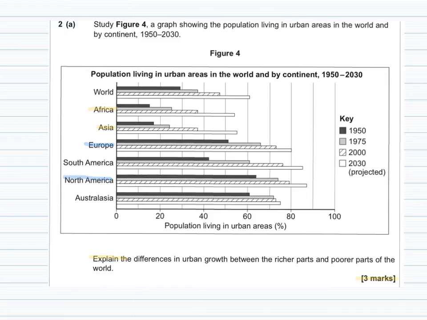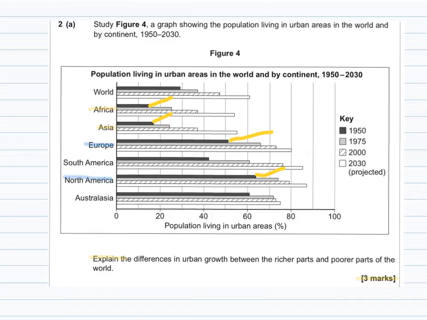So if we have a look, you should see, yeah, so both Europe and North America in 1950 had more urbanisation, let me see if I can draw, so here and here, they had more urbanisation than in Africa and Asia.